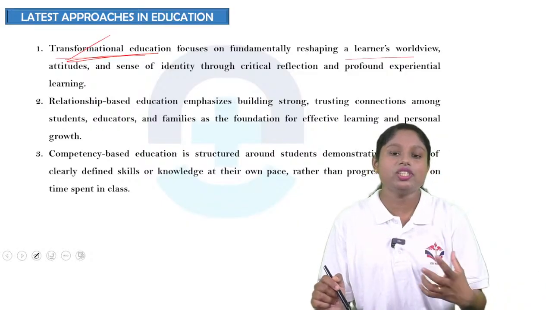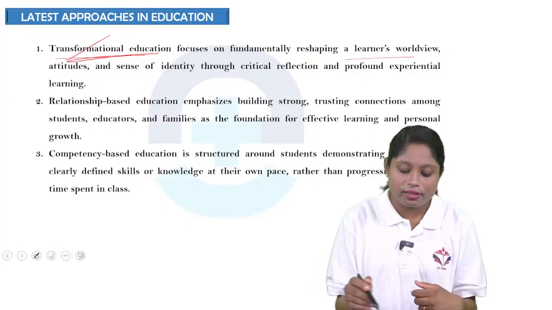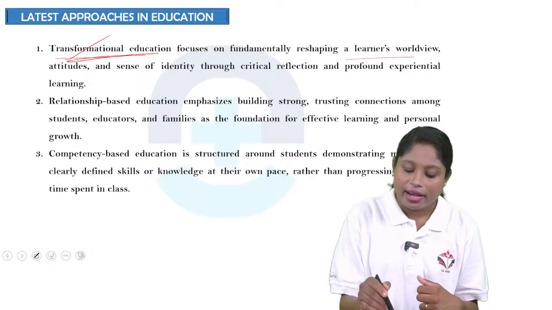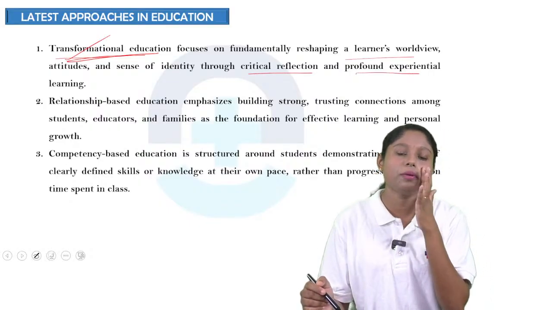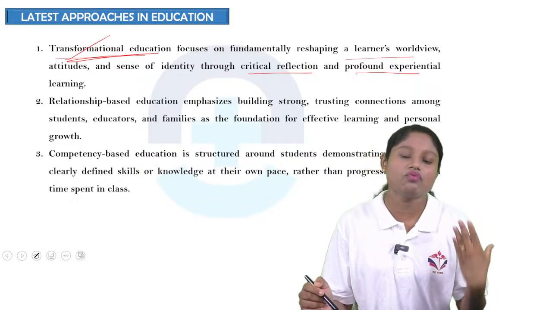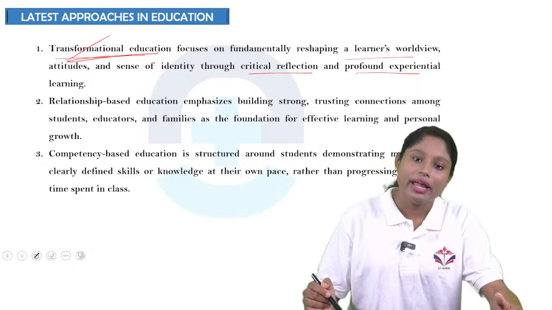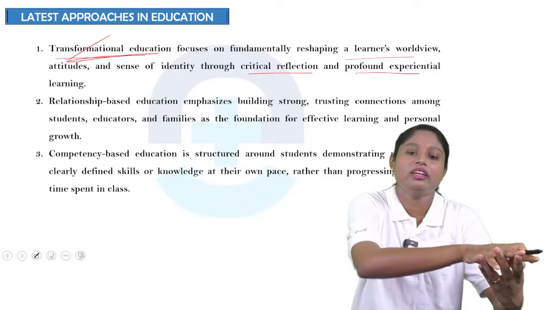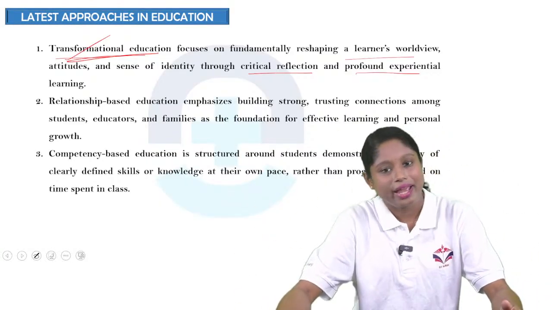So we are transforming an individual's attitude and views. How? Through critical reflection and experiential learning, we can reshape the learner's worldview and attitude. So we are transforming one individual into another person through transformational education.